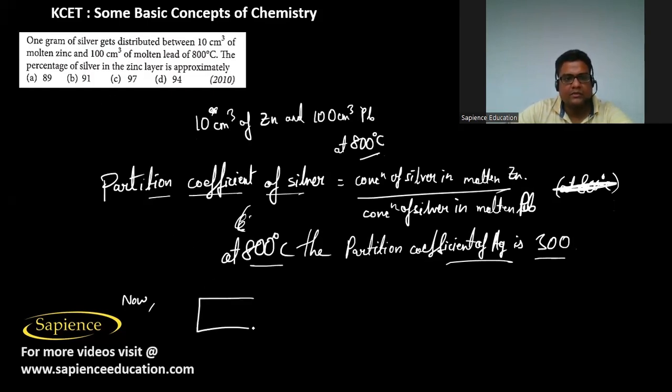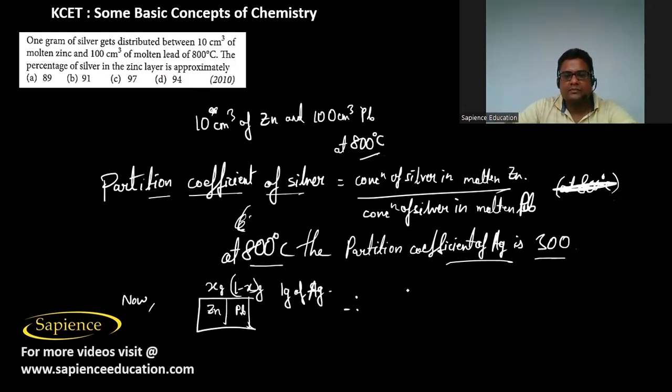So here we have molten zinc and molten lead, and this 1 gram of silver is distributed among zinc and lead. Out of 1 gram of silver, let's say X gram of silver is distributed with zinc, and the remaining amount, which is 1 minus X gram, is distributed among lead.